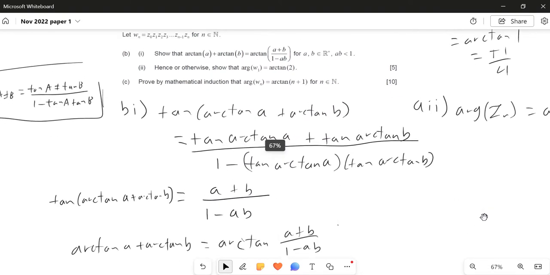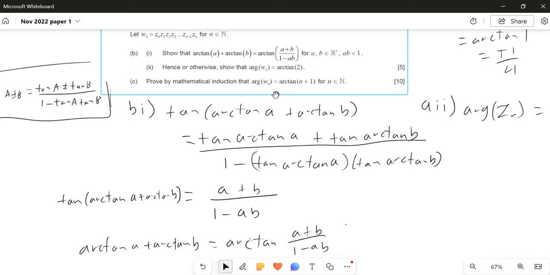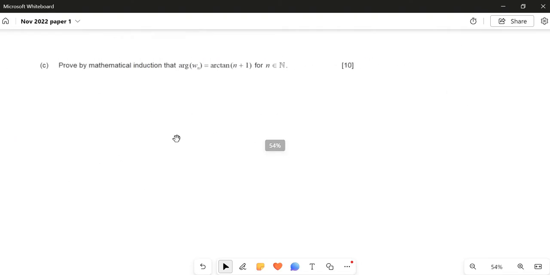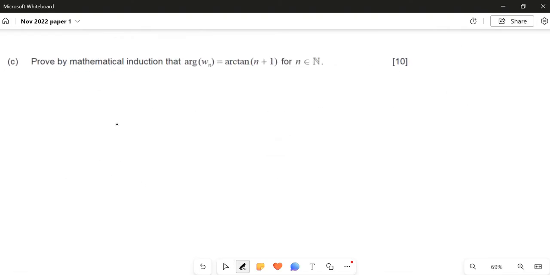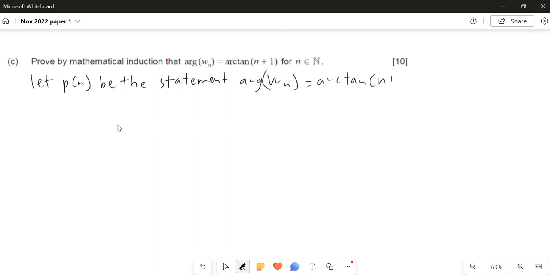And then prove with mathematical induction that arg w_n equals arctan of n plus 1, for n belongs to natural numbers. We'll start off with the statement. So let P(n) be the statement arg w_n equals arctan of n plus 1, for n belongs to natural numbers.